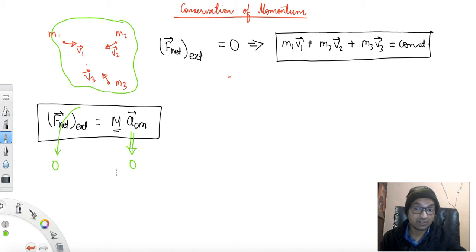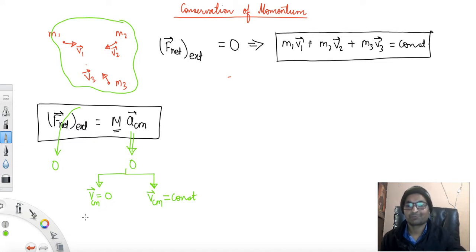If acceleration of center of mass is zero, then we can say that acceleration, which is the rate of change of velocity, is zero, and this velocity of the center of mass is either 0 or the velocity of the center of mass is going to remain constant, because differentiation of both of them will be 0.